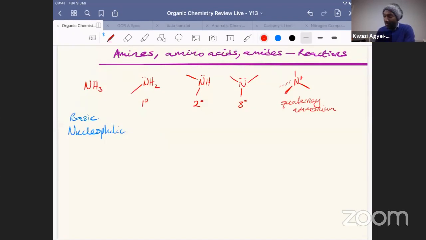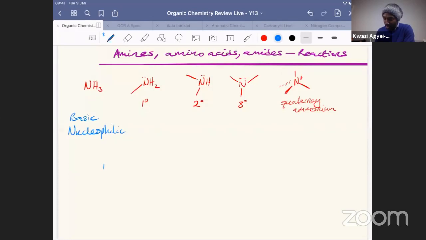As we're looking at amines, we can also have a quick look at amino acids, and these are very important in forming polypeptides, which of course are then folded into a secondary or tertiary structure to give you proteins. Amino acids, or alpha amino acids to be specific, will look a bit like this.